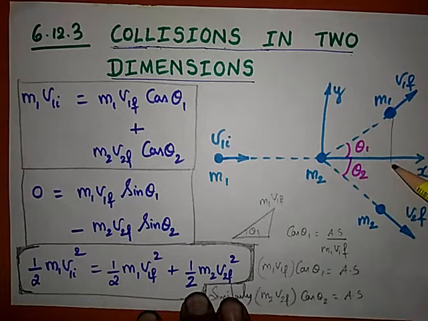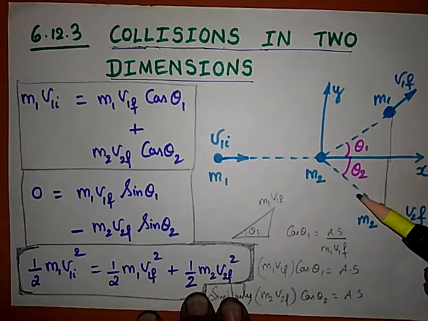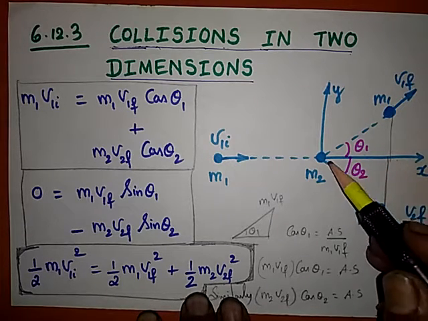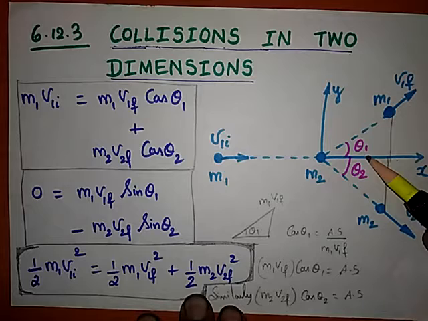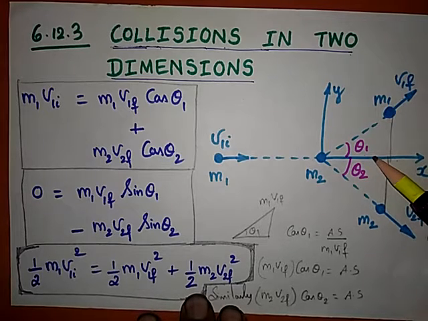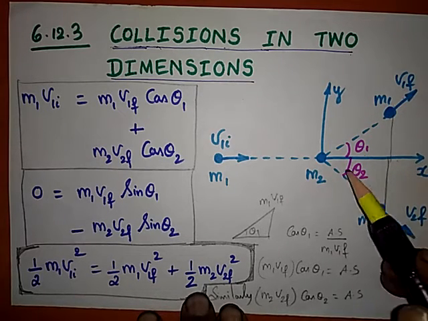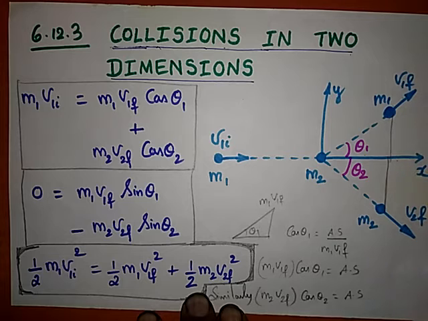Similarly, if you apply cos theta 2 for this triangle, the hypotenuse is m2 v2f, therefore the adjacent side is m2 v2f cos theta 2. These are the horizontal components of both m1 v1f and m2 v2f; both lie in the x direction.